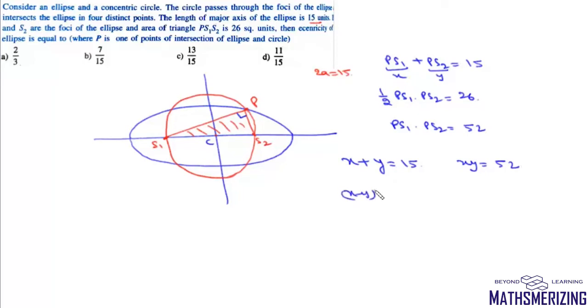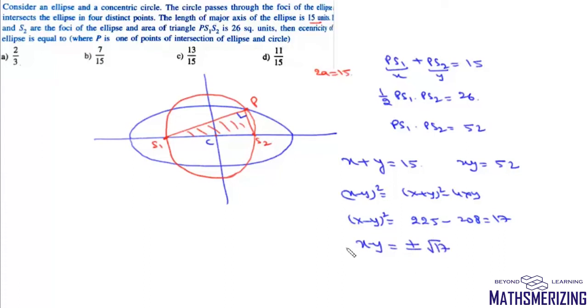Now we can write X minus Y whole square will be X plus Y whole square minus 4XY. So we'll write X minus Y whole square as X plus Y whole square, which is 225, minus 4XY. So it'll be 17. So from here we'll write X minus Y as plus or minus root 17.